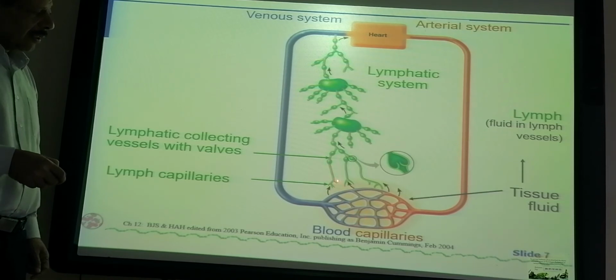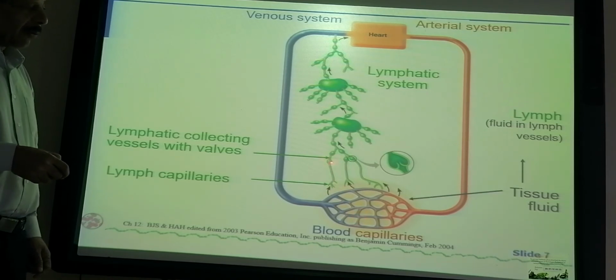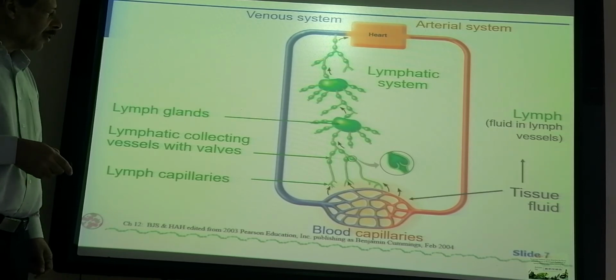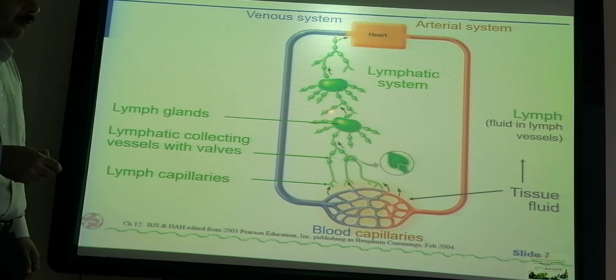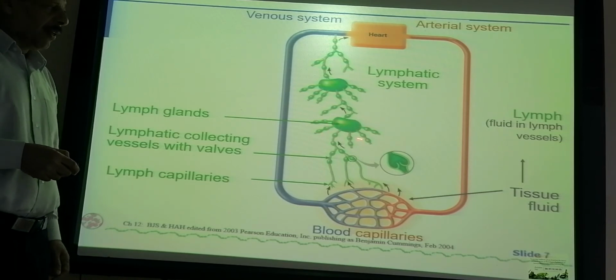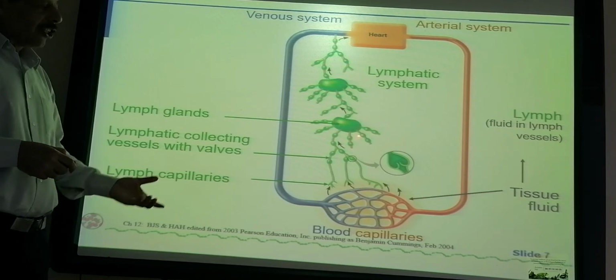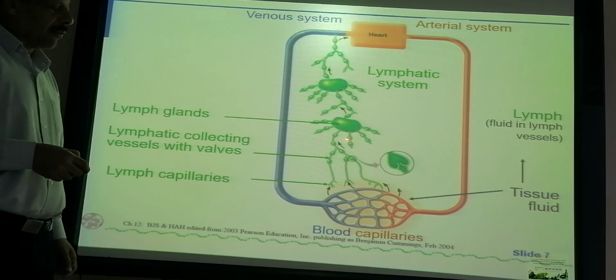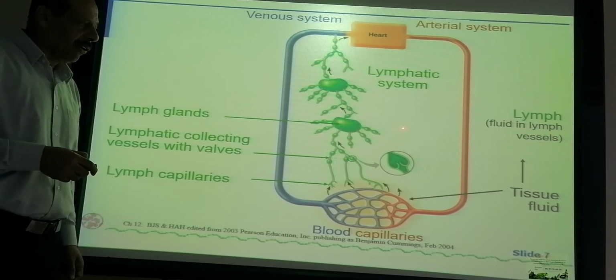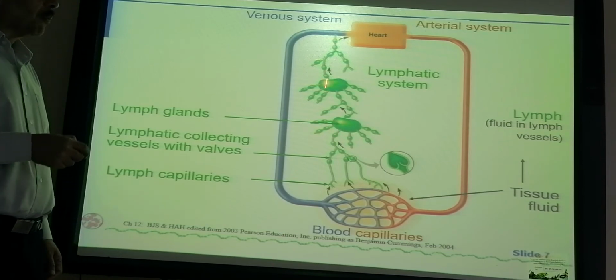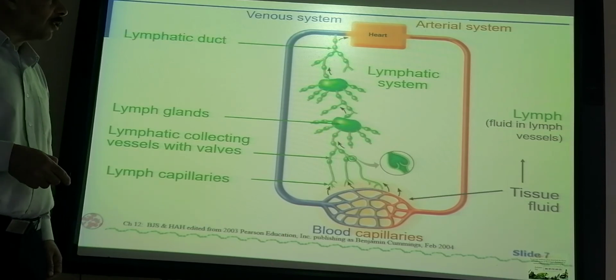So the fluid will be collected here first, and then it will go to the lymphatic gland, while the process, as we said, of filtration of this fluid prevents any antigen or bacteria or virus or cancer cell from passing back to the circulation.